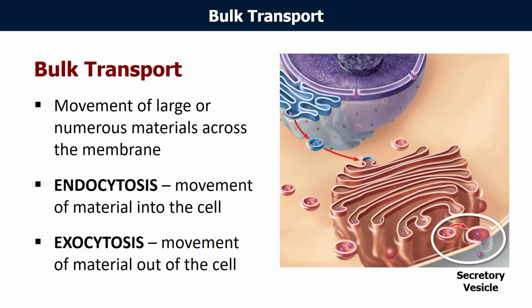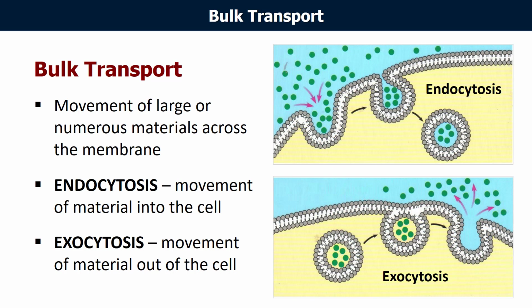Now let's look at another diagram that shows an interesting feature of this, because here we can literally see the phospholipid bilayer of the membrane involved. And what I want you to notice is that in the top figure, we're watching endocytosis. More specifically, you could probably say now that that's pinocytosis because you know the difference. So we're kind of pinching in the membrane and then breaking that off into a vesicle that's been internalized.